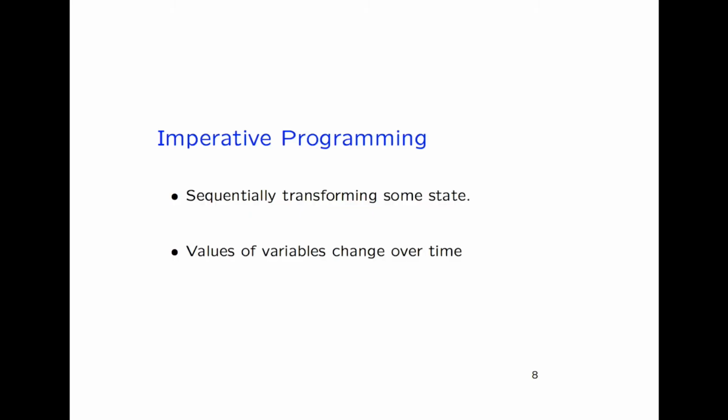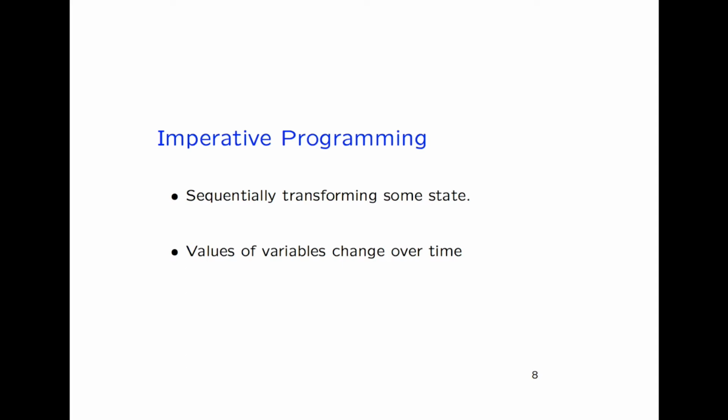Let's step back for a moment and think about how to generalize this. Java, and indeed many of its peers, are imperative languages. So the likes of C, Java, C++, and many others are imperative.